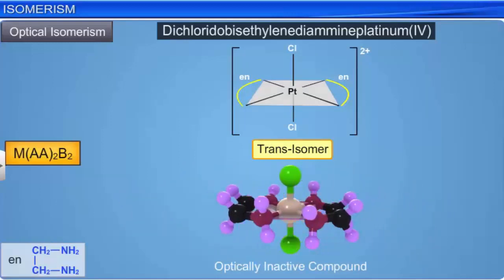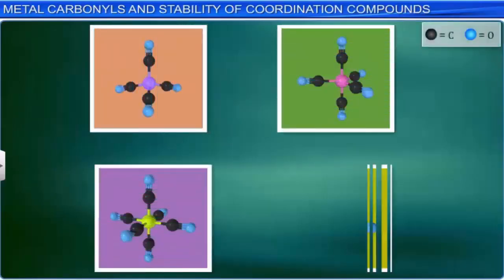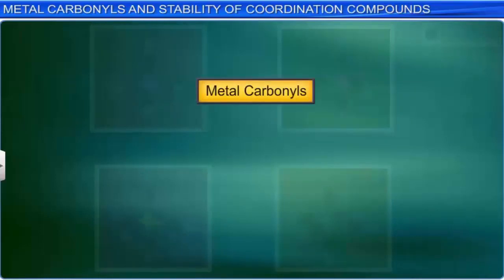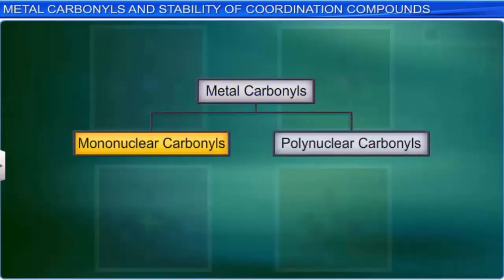Carbonyls are coordination compounds of transition metals with carbon monoxide. Depending on the number of metal atoms, carbonyls are divided into two types: monomeric or mononuclear carbonyls and polynuclear carbonyls.